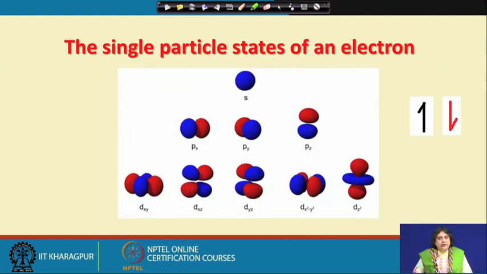In summary of this slide, we can say that an electron is a fermion because it has two single particle states accessible to it for a given single electron. One is 1s upspin, the other one is 1s downspin, and therefore, one electron can either occupy one of them or not. So, these are ideal cases of the fermions.